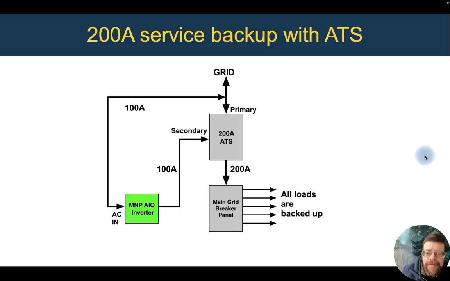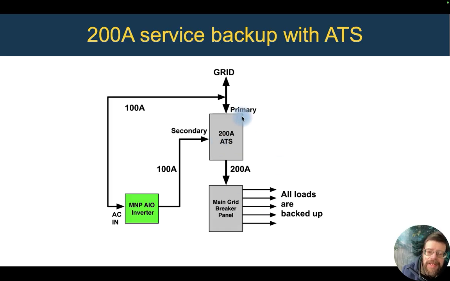So we've got our 200 amp auto transfer switch, and then go into our main breaker panel, which is our main grid breaker panel, but it becomes our backed up panel as well. And the output of the inverter goes into the secondary of that transfer switch, same place where we would feed in a generator input.